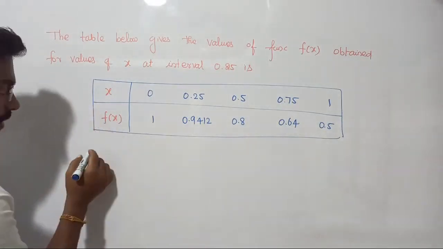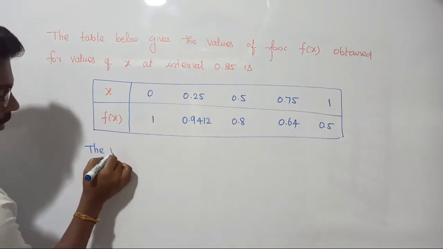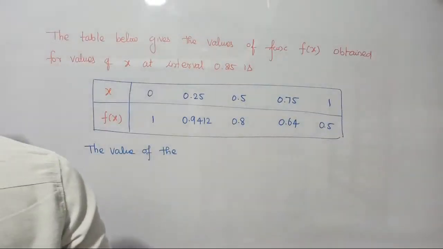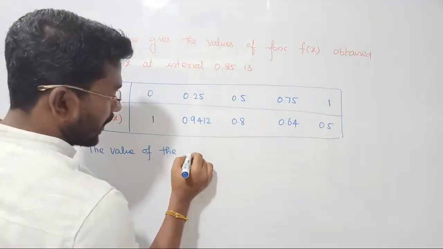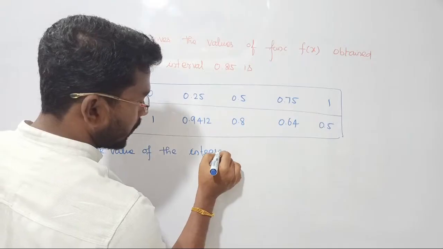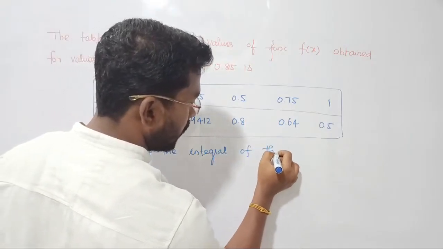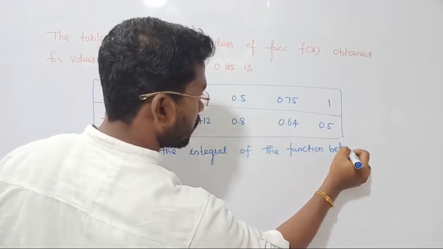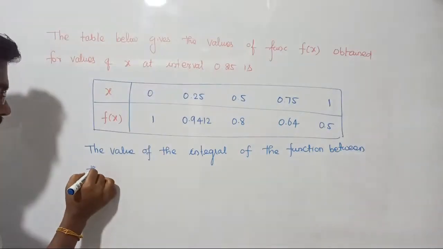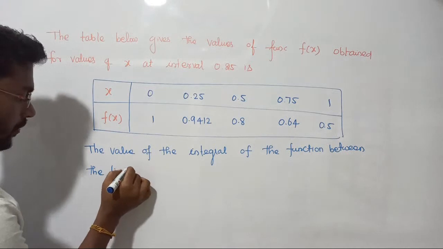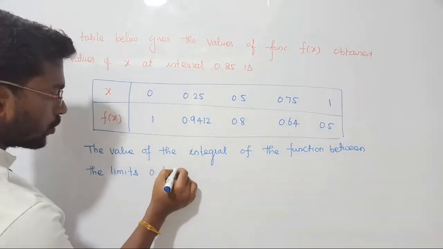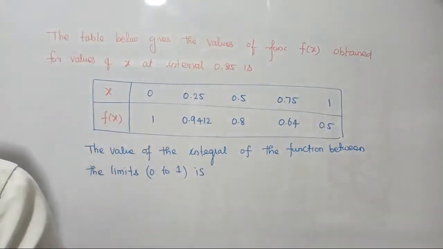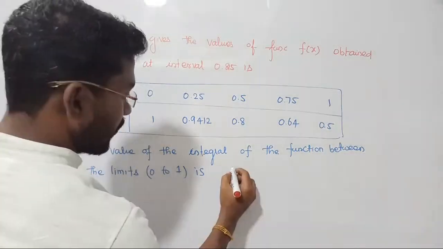So they are asking for the value of the integral of the function between 0 to 1. Further, they have given 4 options.